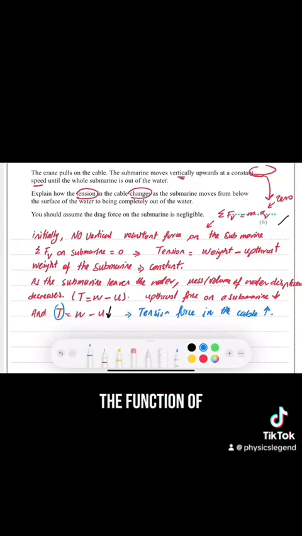By the way, the job description of the fluid itself, the upthrust force, is always supporting the cable. If the submarine is out of water, it means less displacement of fluid and less upthrust force to help support the weight of the submarine. So the cable must carry more, so tension force increases.